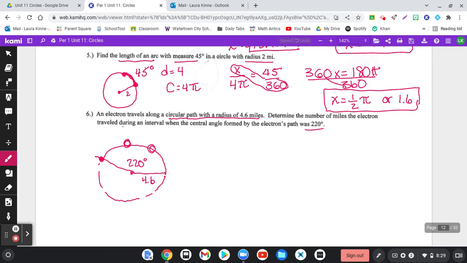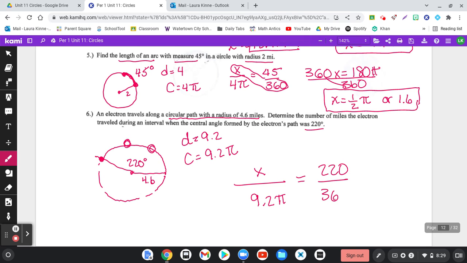So the diameter, if the radius is 4.6, the diameter is going to be 9.2. So your circumference is 9.2 pi. We're looking for just the path that it was on. So just part of the circumference over the whole circumference equals part of the angle, 220, over the whole angle, 360.